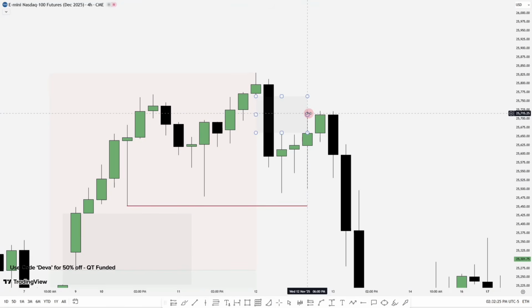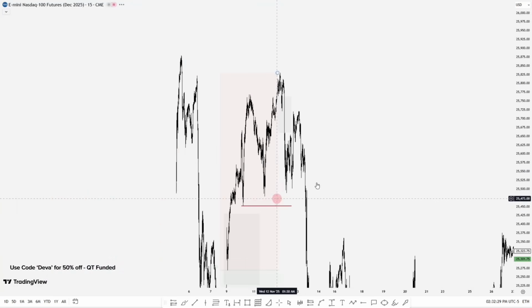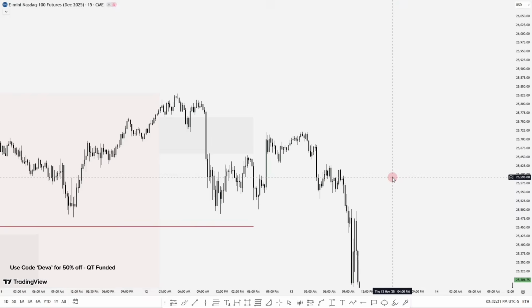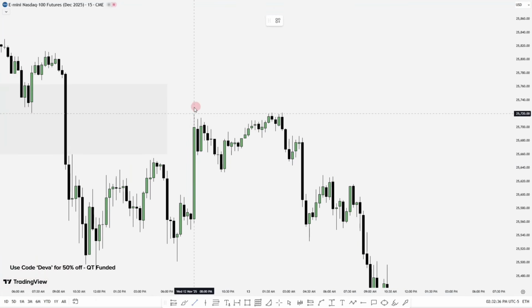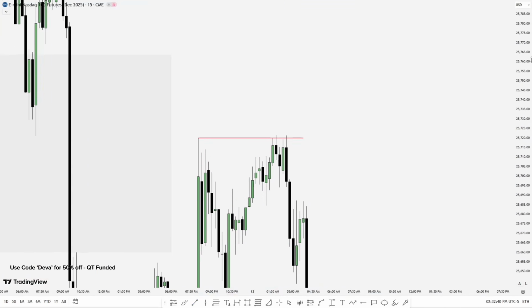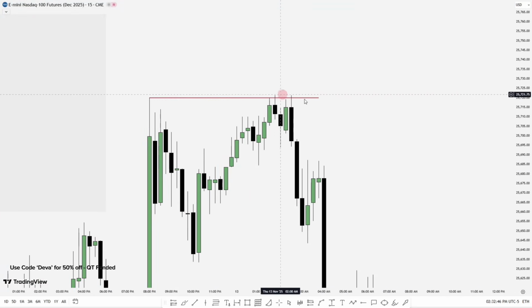So if I just go to the M15, okay, you can clearly see that it has a stop run, right? Yes, it is very minute. Look at this, this is very minute here, but it is a stop run, okay? There was an SMT here.